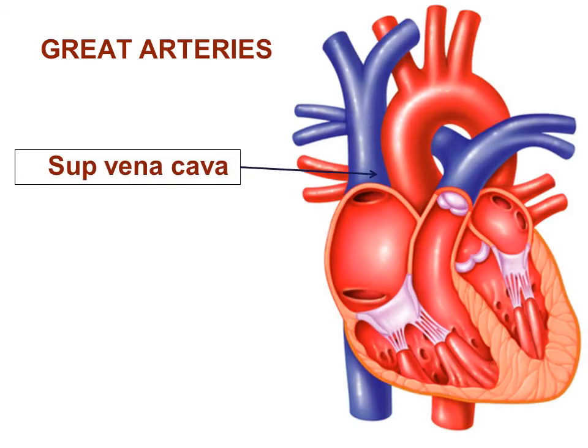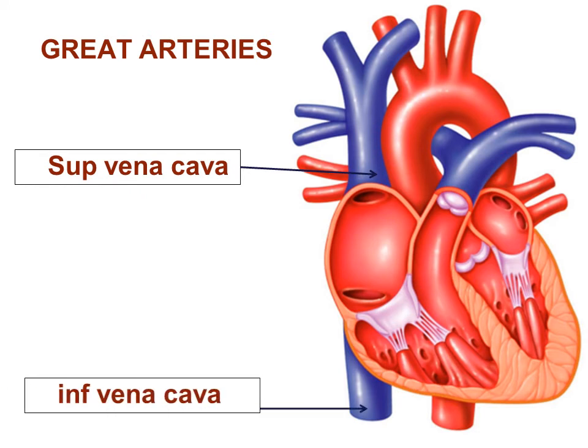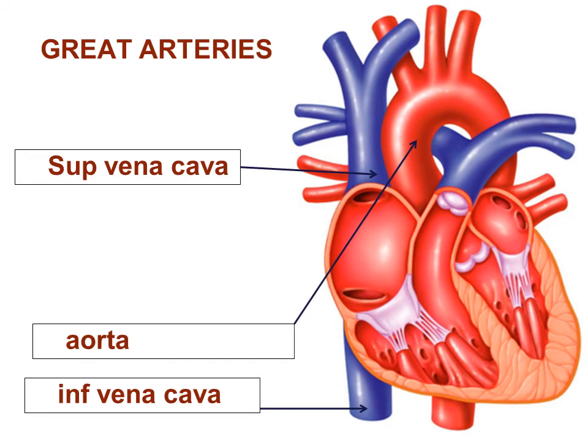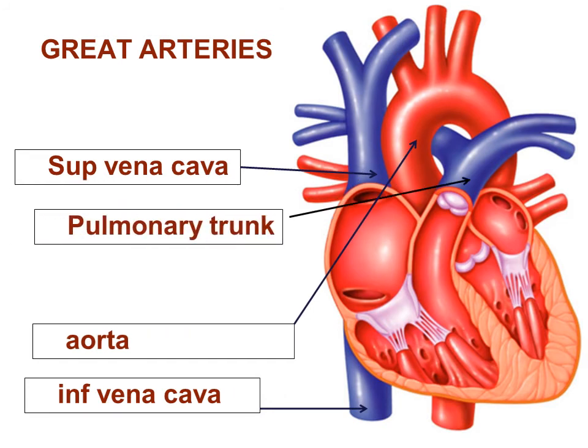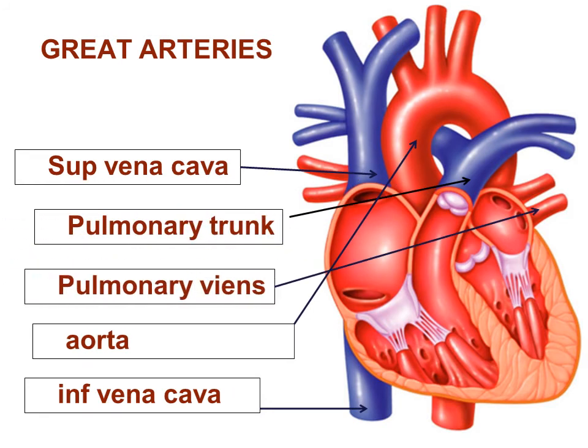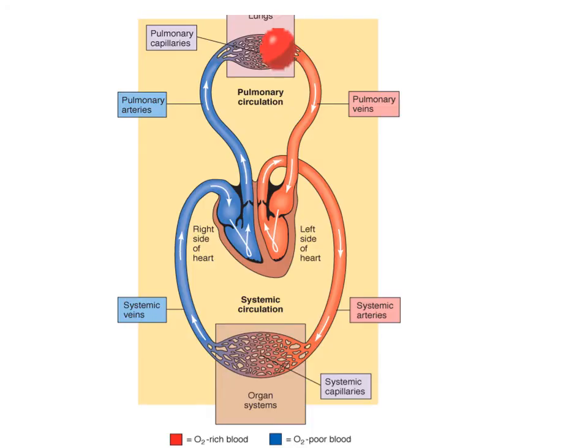We have two circulations, the pulmonary circulation and the systemic circulation. We must know the great arteries. This is the superior vena cava, and this is the inferior vena cava. This is the aortic artery, and this is the pulmonary trunk, and the last one is the pulmonary veins.